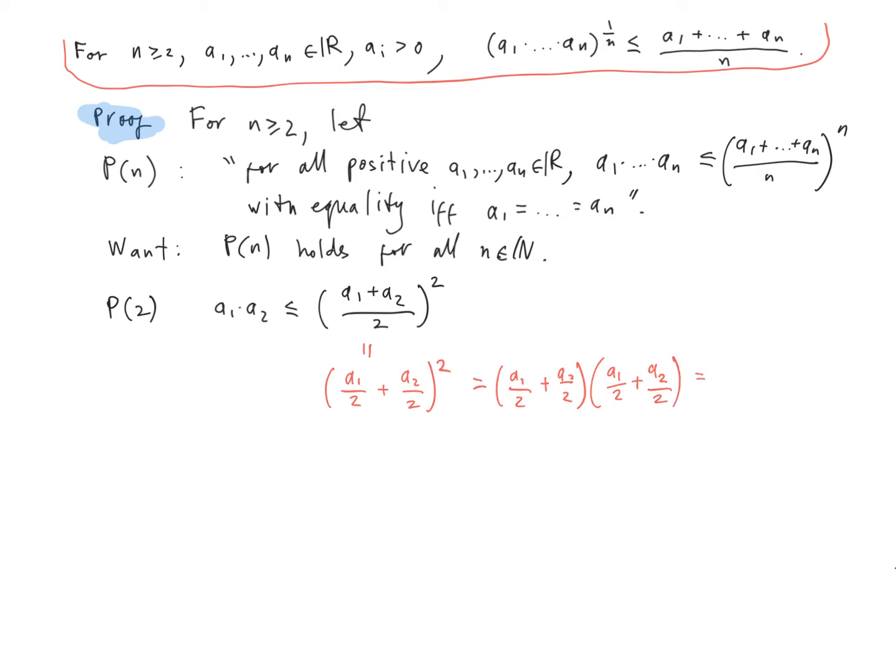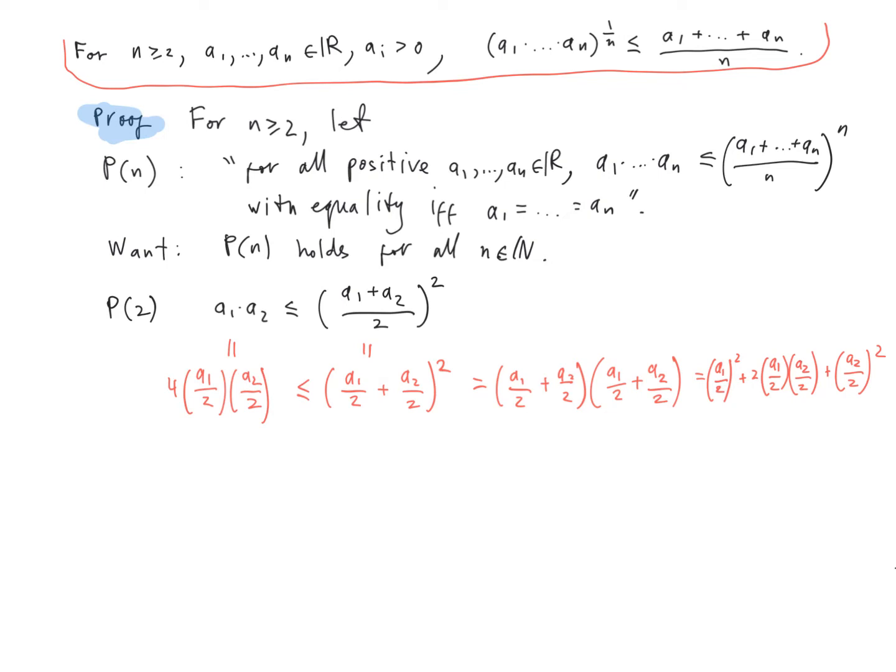This is the same thing as a1 over 2 squared plus 2 times a1 over 2 multiplied by a2 over 2 plus a2 over 2 squared. And for the left-hand side, we can write equivalently that this is 4 times a1 over 2 times a2 over 2.